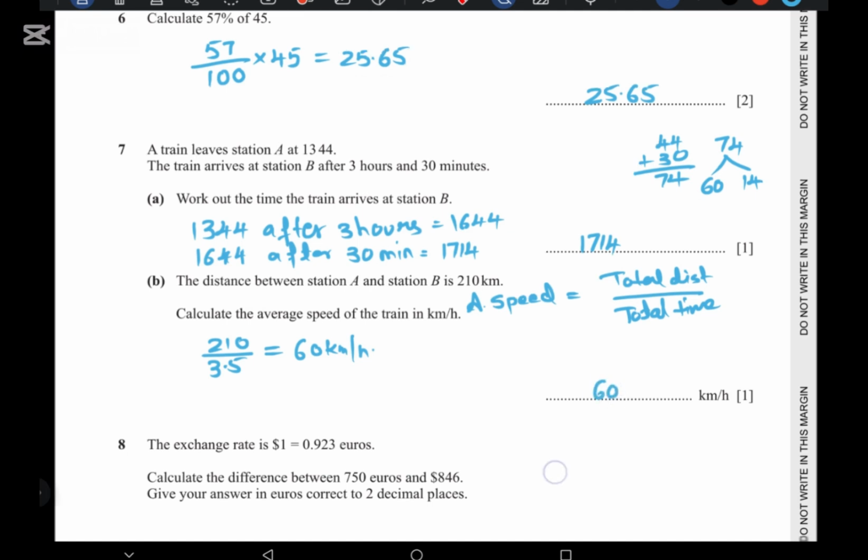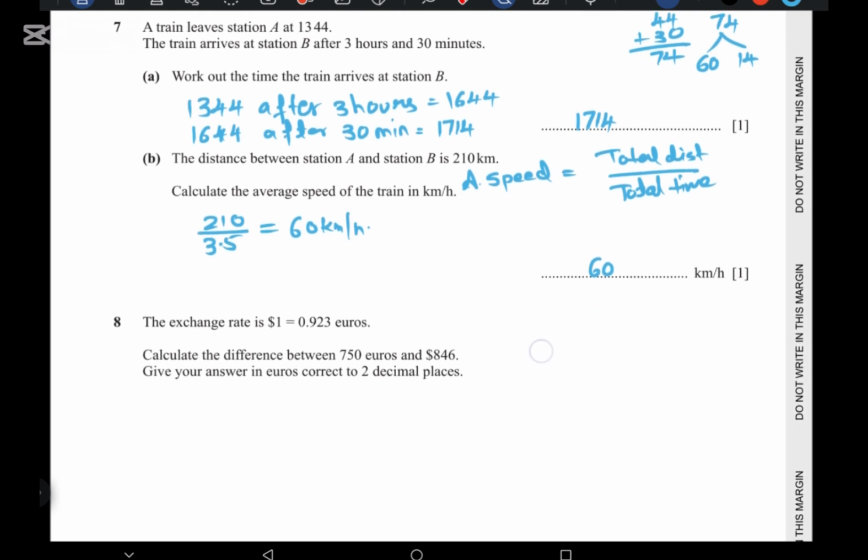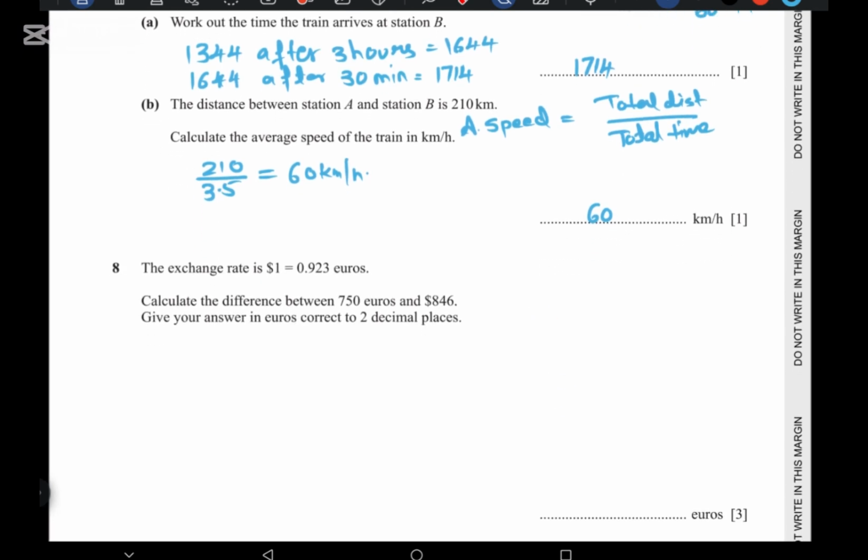Question number 8. The exchange rate is $1 equal to 0.923 euros. This is the rate given to us. Calculate the difference between 750 euros and $846.